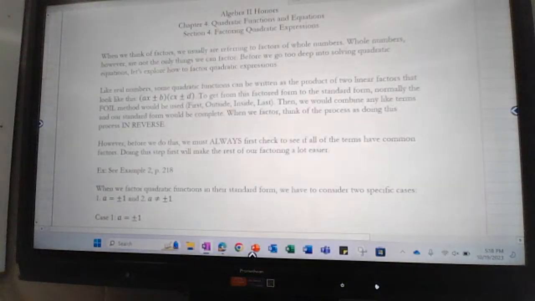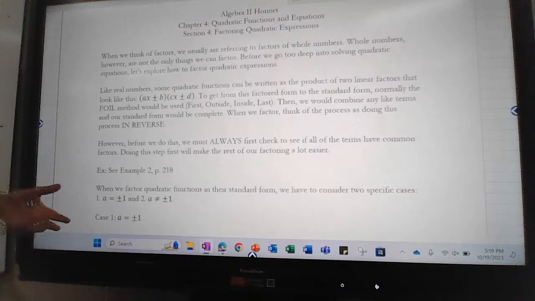In sections 4.1 and 4.2, we talked about how to graph quadratic functions. When we go into solving quadratic equations, one of the biggest tools that we can use to help solve quadratic equations is by factoring. Now, the idea of factoring a quadratic equation or a quadratic expression comes from the FOIL method.